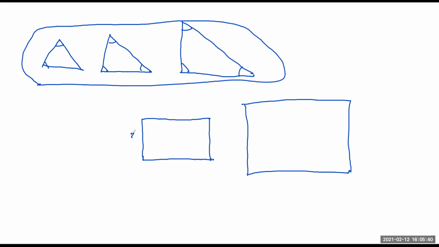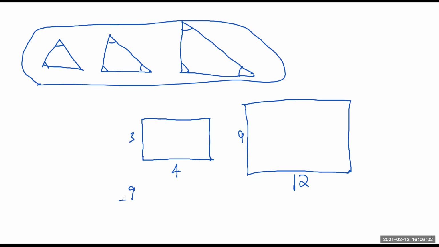So if this is 3 and this is 4, and this bigger one is 9 and 12, then these two are similar. They are in scale because 3 times 3 is 9, 4 times 3 is 12.